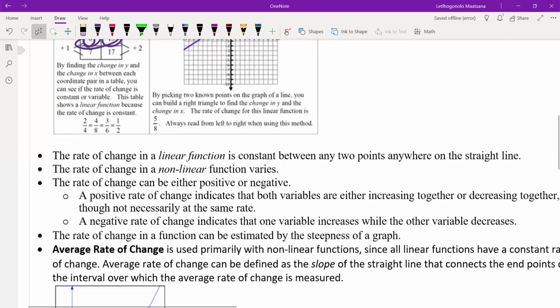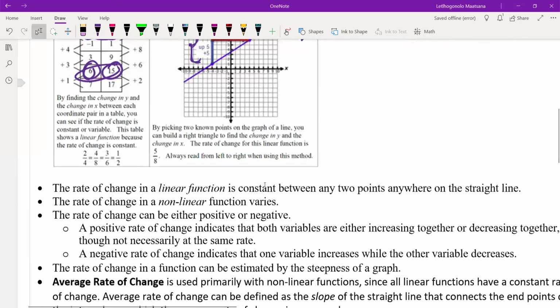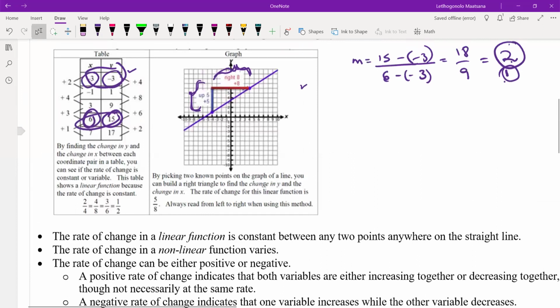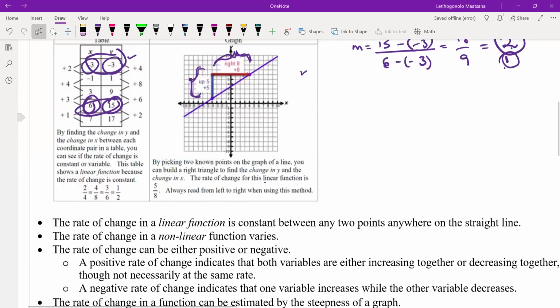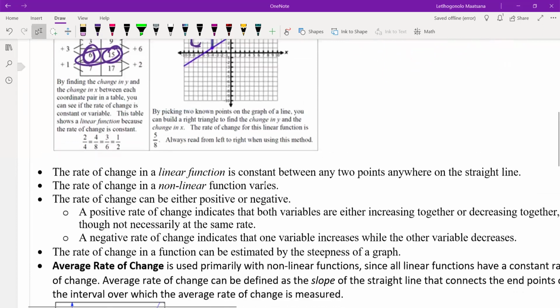The rate of change can be a linear function, as we have seen in our previous examples. This is where the slope or the rate of change is constant between 2 adjacent points in a straight line. We also have a rate of change that is nonlinear. It is normally represented by a graph.